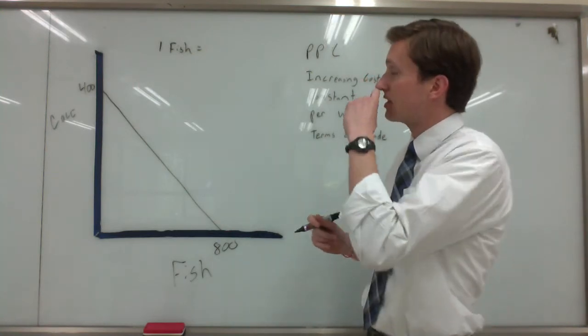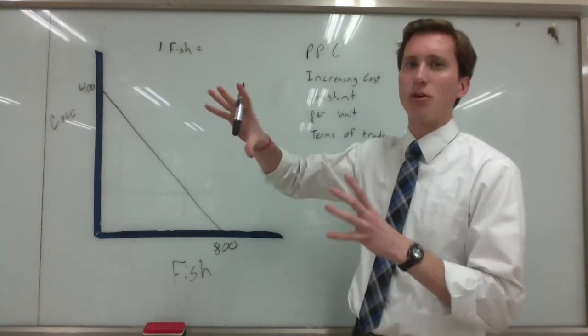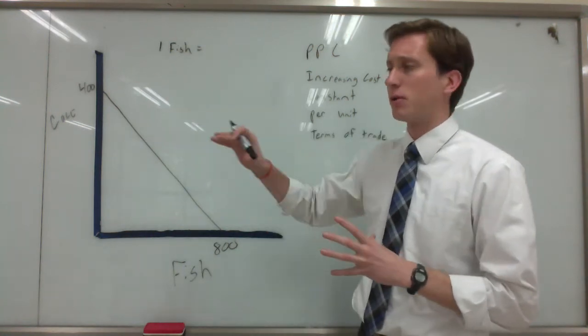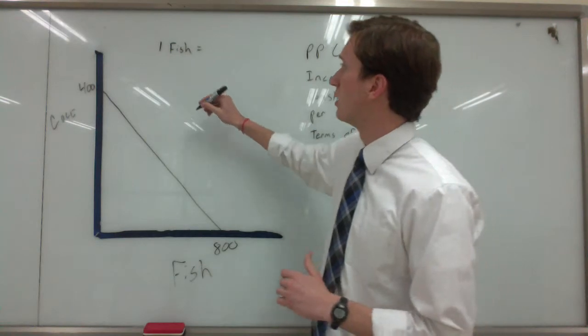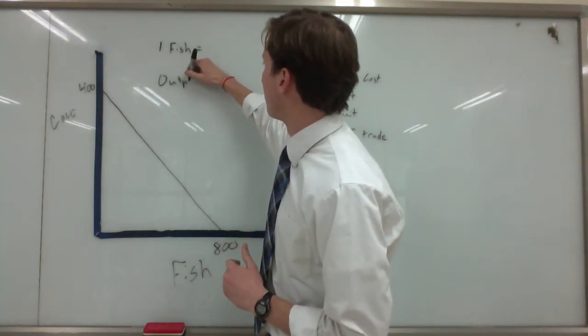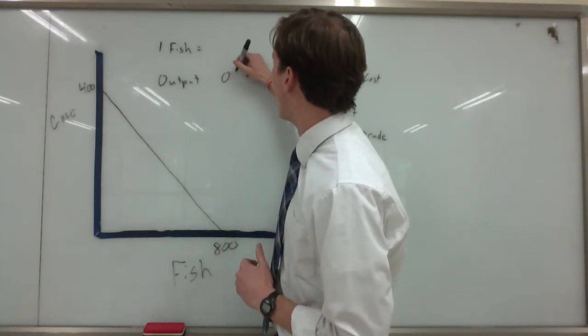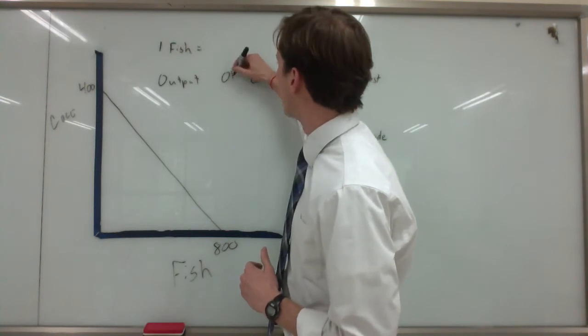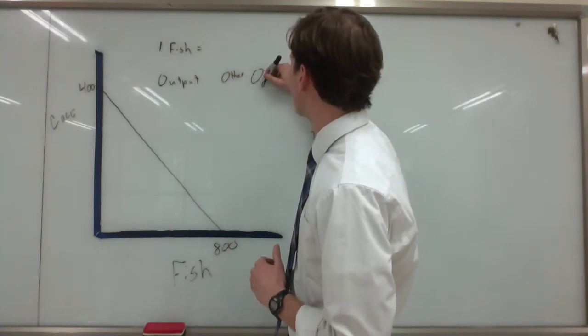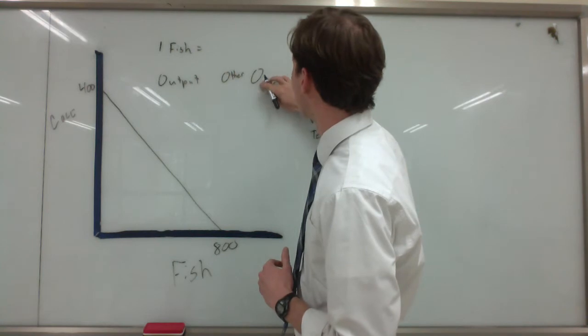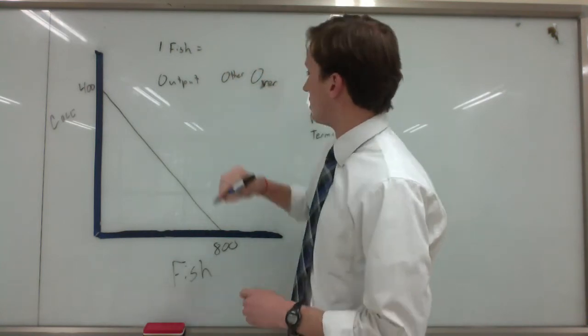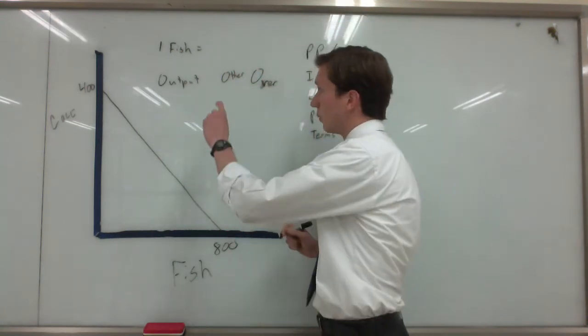So one fish, this is an output related question. I'm looking at the output of fish within the output of coconuts. For output questions, think O, O. The other goes over. We have one fish.